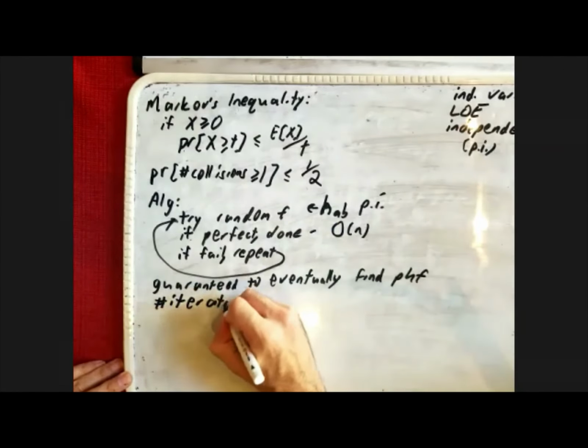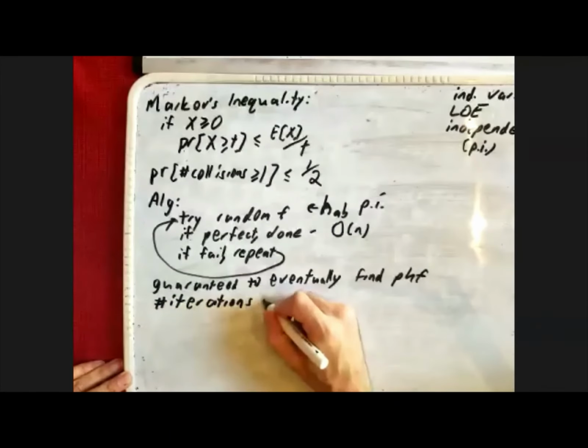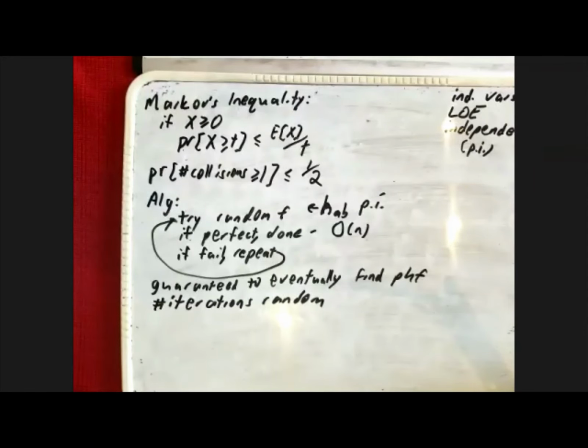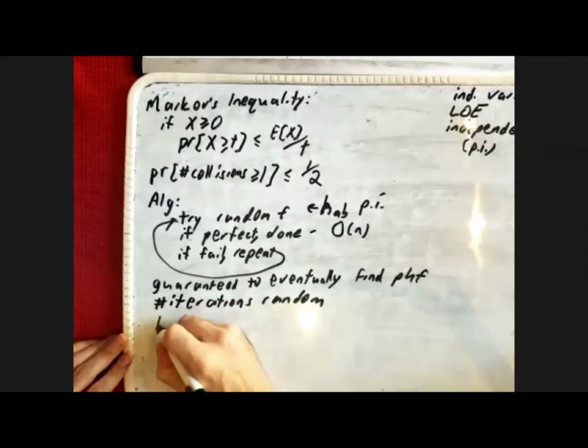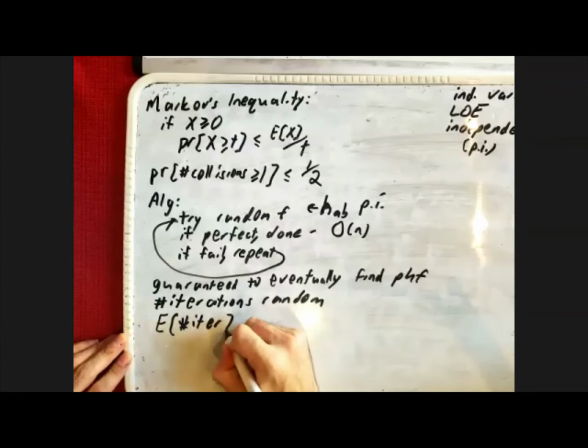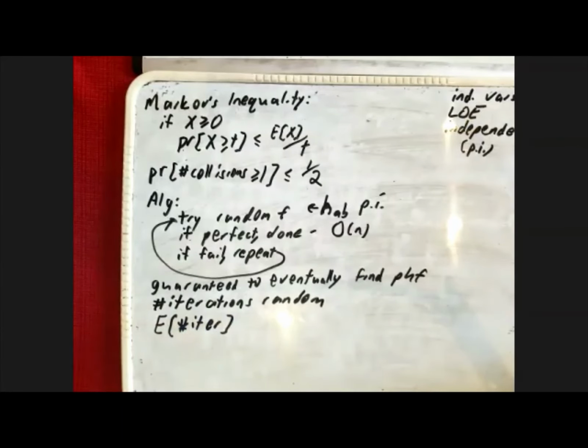Well, it's random. So it doesn't have a specific value. But what can we say about the expected number of iterations? It's 2, I think. How come? When you have a set of trials like this, I think the way the sum works out is it just equals 1 over the denominator.